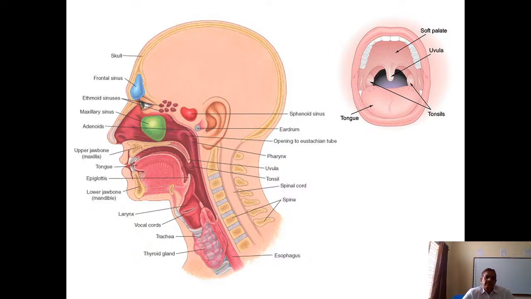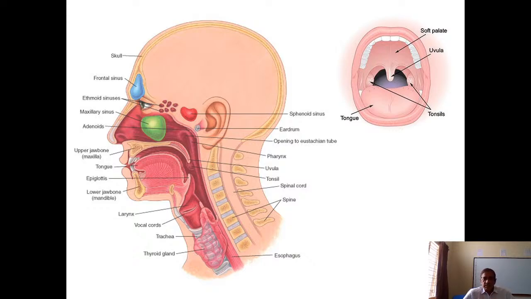The tongue is the organ present, and laterally you have the cheeks, the vestibules, and anteriorly it starts from the lips. The oral cavity and the oropharynx are demarcated by the anterior pillars, that is the palatoglossus muscle, which comes from the palate to the tongue.